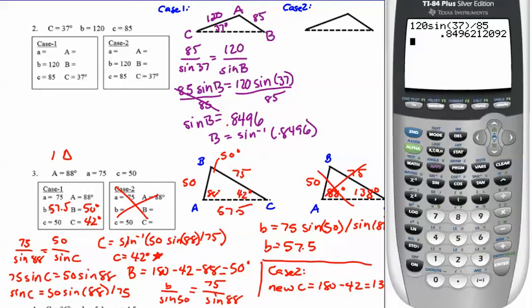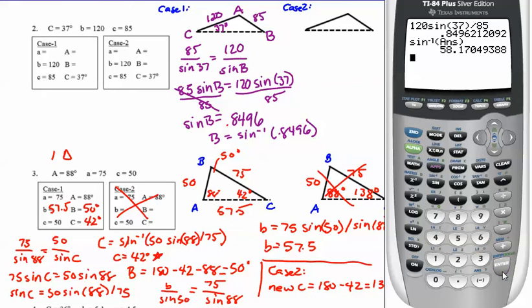Now here's a trick. If I want to do inverse sine, second sine, and I want the number that's the last number I typed, you can actually press second negative, and that will put in the last answer that you had. So that's the inverse sine of this answer. I don't have to type it again, and it actually gives me all of these digits instead of just 4.